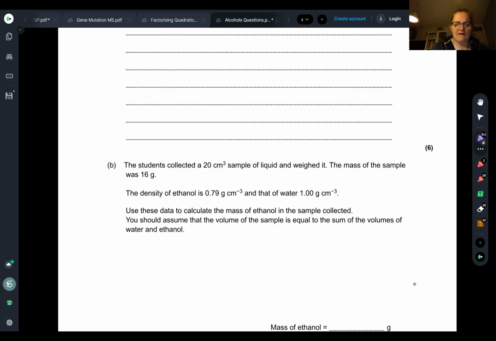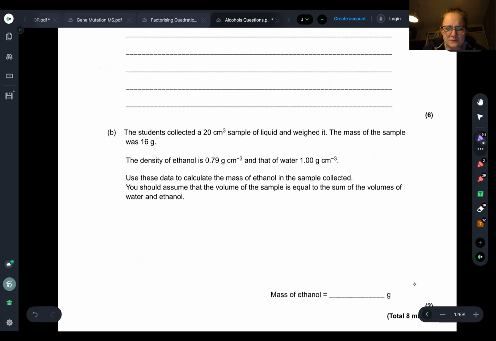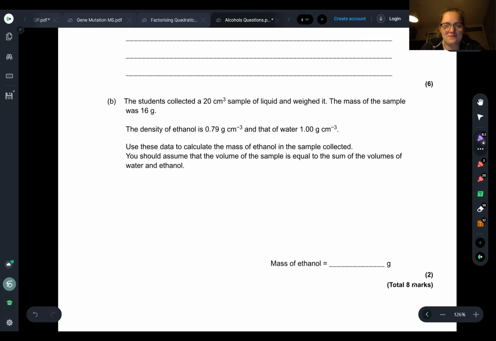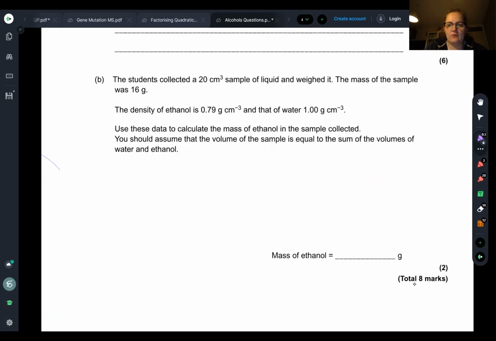I'm just going to skip this maths question for a minute. No, actually, I'm going to do this one. I changed my mind because then that finishes off this question. The students collected a 20 cubic centimeter sample of liquid and weighed it, and the mass of the sample was 16 grams.